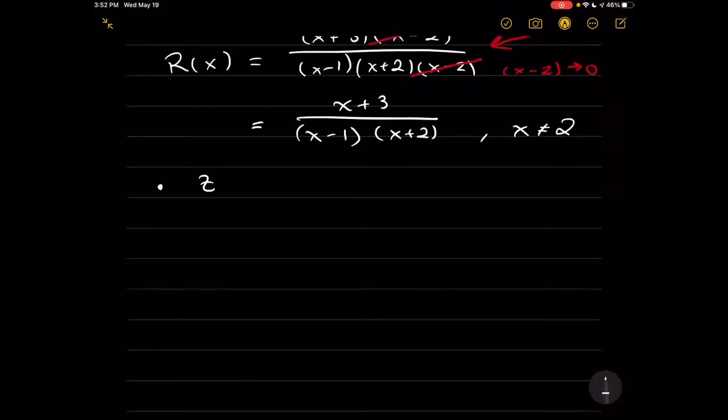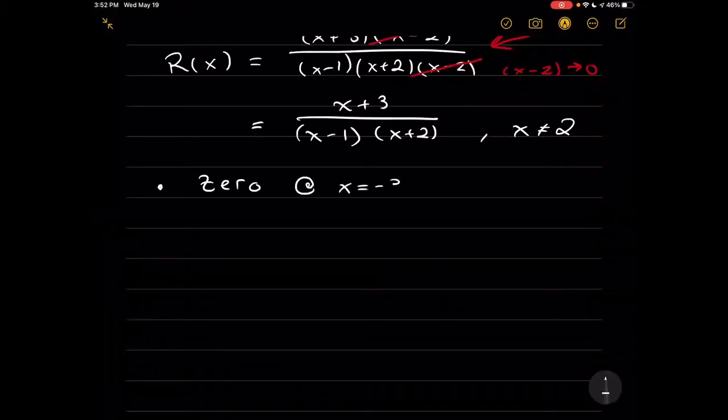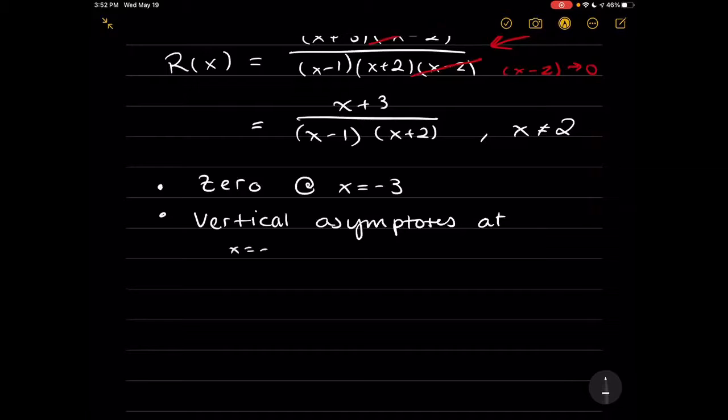All right, so from this, we can gather some information. We know that this rational function has a 0 at x equals negative 3. That's the 0 of the numerator. We also know that it has vertical asymptotes at x equals negative 2 and x equals 1. Those are the zeros of the denominator.